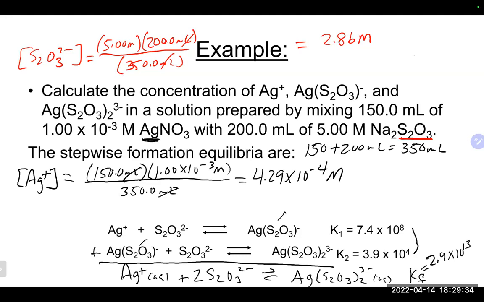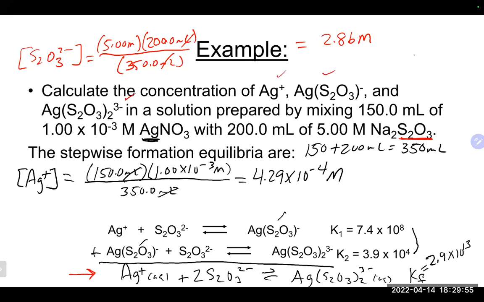So now what we really have here is a concentration of the silver and the ligand. And we could use the overall equation there to do our ice table. So that is what we're going to do next. We're going to take the overall equation and do our ice table, as that will allow us to get some of this information that we're looking for.